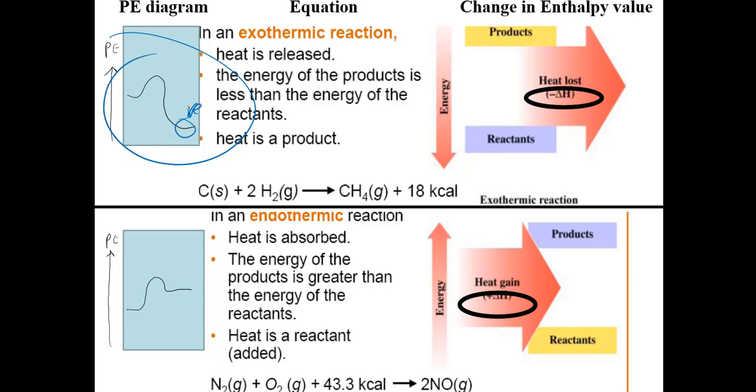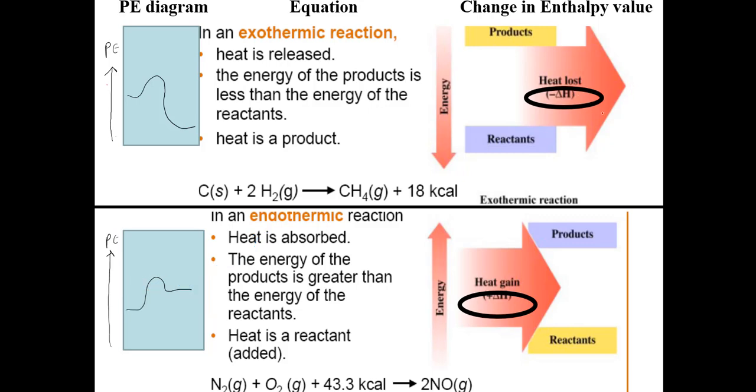Notice how the final product portion of the potential energy diagram is lower than the reactant, so therefore it's exothermic. Whereas in the bottom one, the product is at a higher potential energy than the reactant. And so in this shape, this is considered an endothermic, because a lot more energy is required to go in.